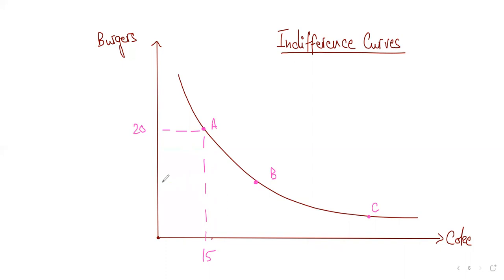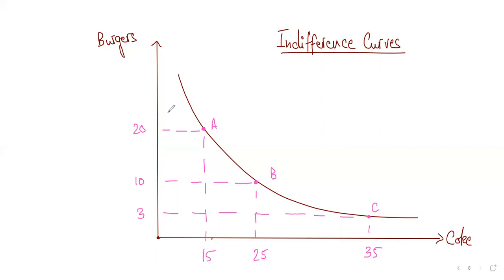So on point B here, you can see that, let's say, a consumer is consuming 25 units of Coke and let's say 10 units of burgers, and on point C, the consumer is consuming any other combination, right? So have a look at this, much more units of Coke, let's say 35 units of Coke and only 3 units of burgers. Okay, so let's take back.